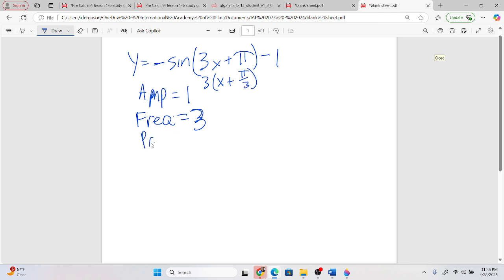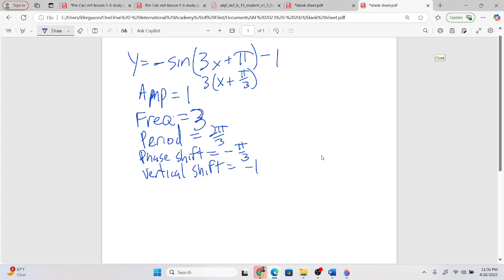So my period is going to be 2 pi divided by 3, so that's 2 pi over 3. And then my phase shift, that's going to be minus pi over 3. Remember, the opposite of what you see. And my vertical shift, that's going to be negative 1. And that's it.